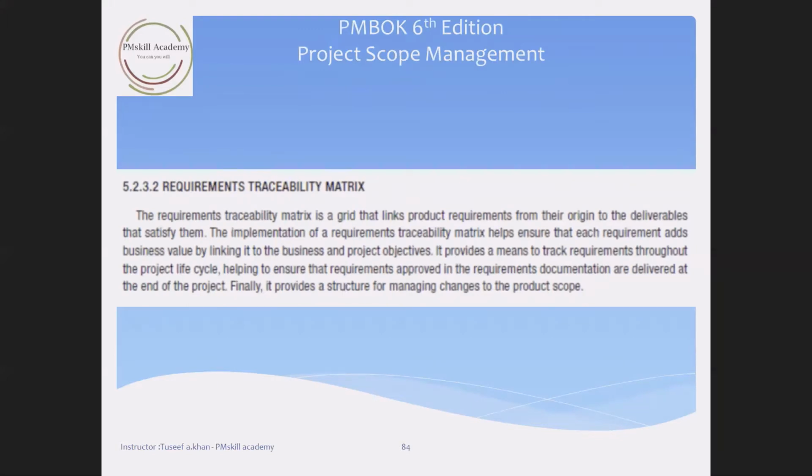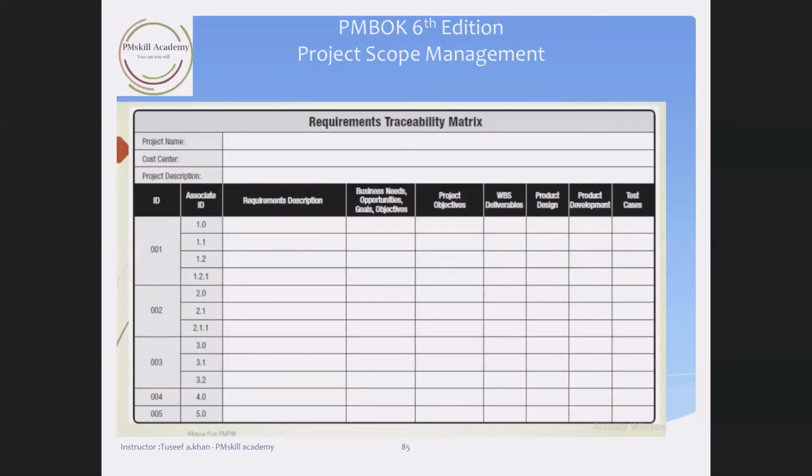There is another output, the requirements traceability matrix. This requirements traceability matrix is like a grid, like this grid, that links product requirements from their origin to the deliverables.